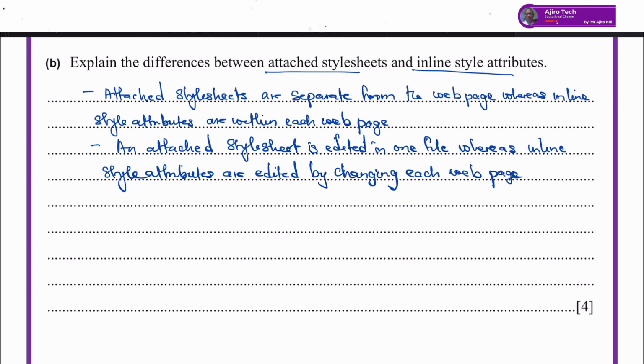So the attached one is the one you prepare in a separate document .css, and then you attach it in the head section. The inline is the one that falls in your body section with your style equals, and then it could be width, colon. You get the idea, right? Okay.